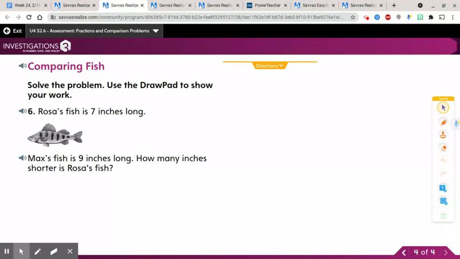Use your cubes to check it, write an equation to check it, count up to check it. Okay, and make sure you answer the question, how many inches shorter is Rosa's fish? All right, so you can pause the video and you can work on that. And when you're all done, you can start the video again.